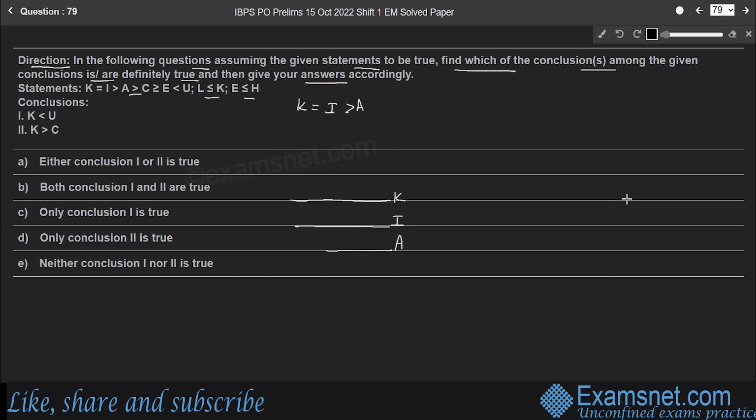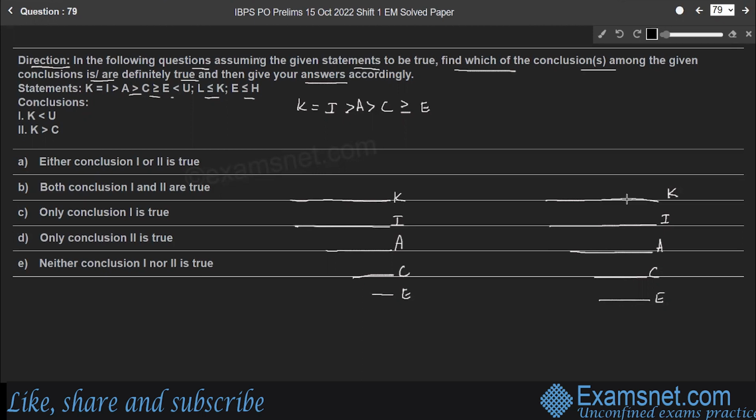And A is greater than C. A is greater than C. And C greater than or equal to E. So C is greater than E or equal to E. So we have another case where C and E are equal, right? And the remaining things will be the same: A greater than C, I greater than A, and K is equal to I, right? And the next part.